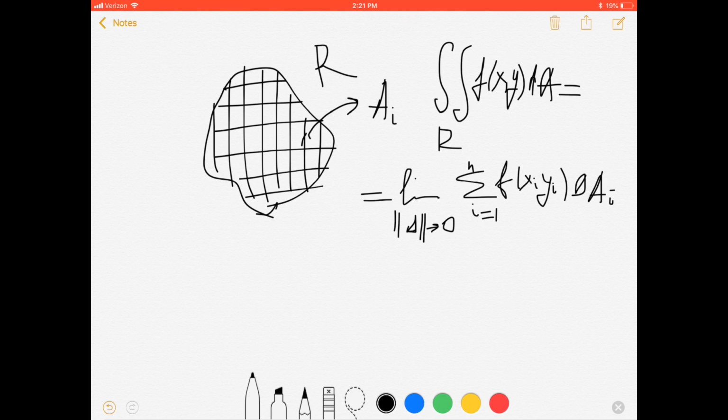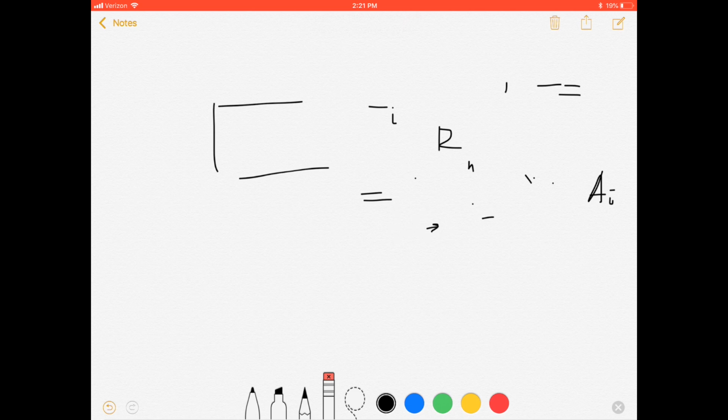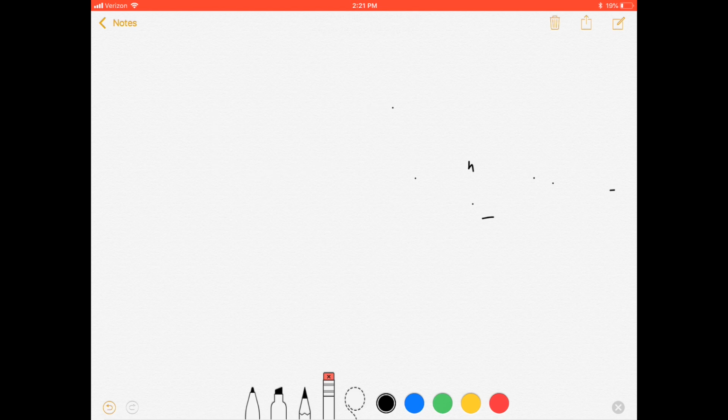What kind of properties do we have for this kind of integral? Okay, I clean here. All properties are similar to the properties we had before.